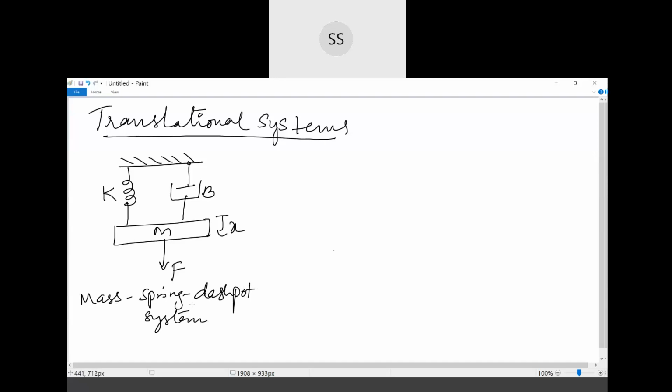Now in order to analyze this system, we have to first write its free body diagram.